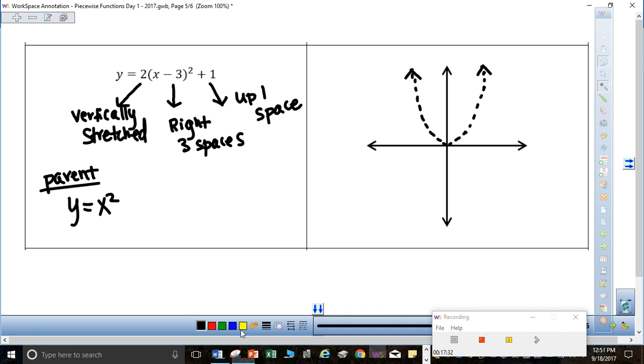Okay, so what we like to do for our parabolas is to think about moving our vertex point first. So I'm going to take the vertex, it's going to move to the right 3 spaces and up 1. So I'm going to plot the new vertex right there. Then since it's vertically stretched, it's going to be skinnier or narrower. And so if I make it look narrower, it might be something like that.